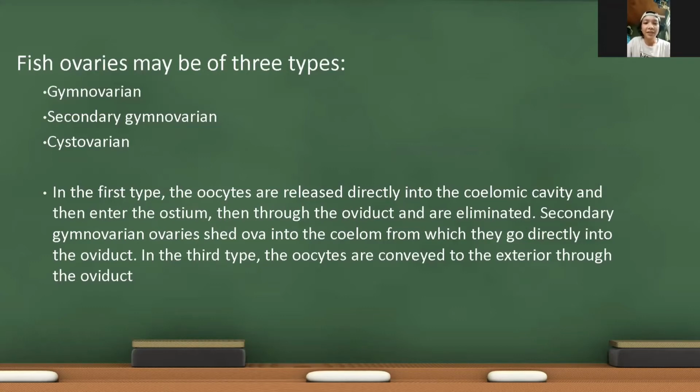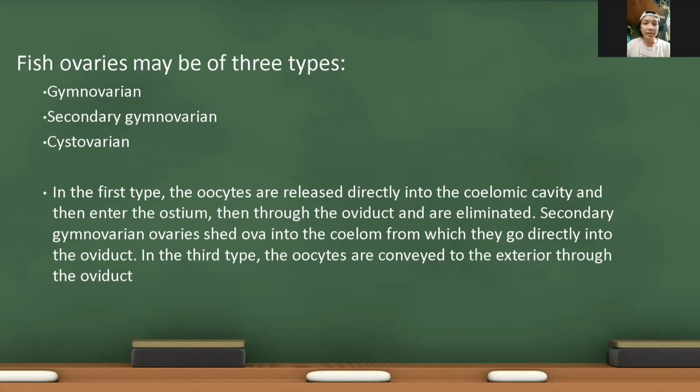Fish ovaries may be of three types: gymnovarian, secondary gymnovarian, and cystovarian. In the first type, the oocytes are released directly into the coelomic cavity and then enter the ostium, then pass through the oviduct and are eliminated.